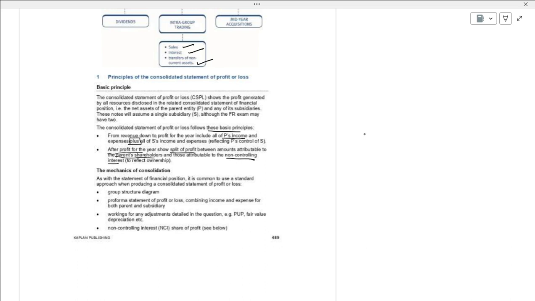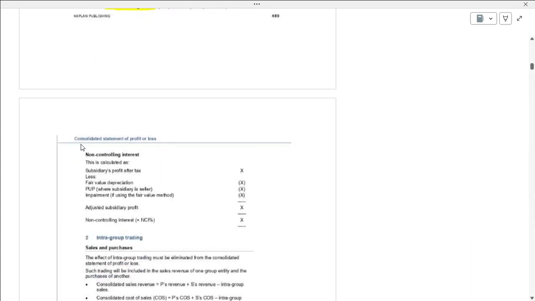The mechanics: you have the group structure diagram, a pro forma statement of profit and loss account, any workings, and you have to take NCI, the non-controlling interest.